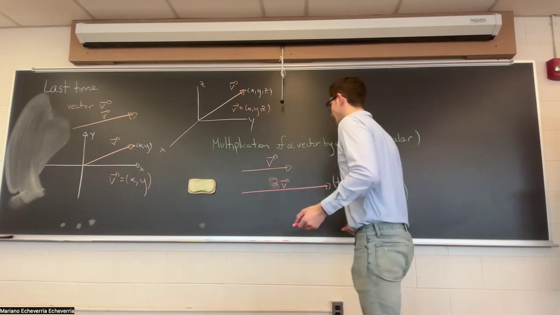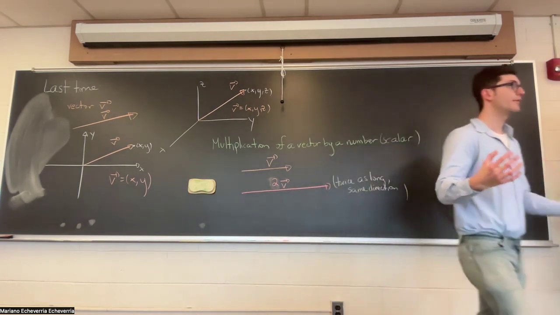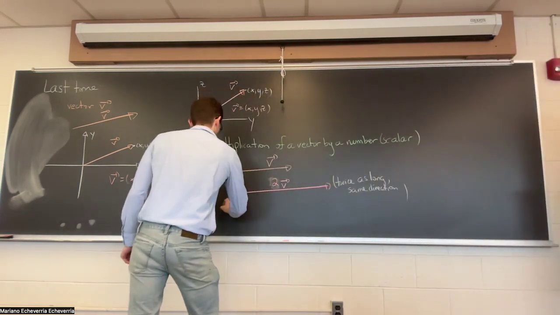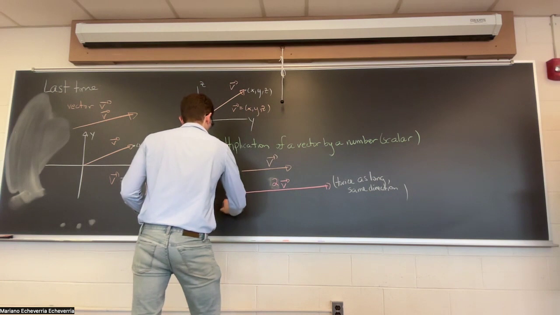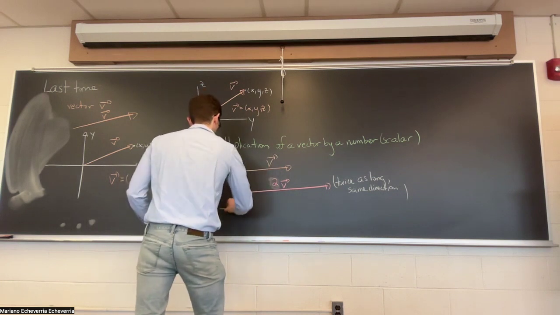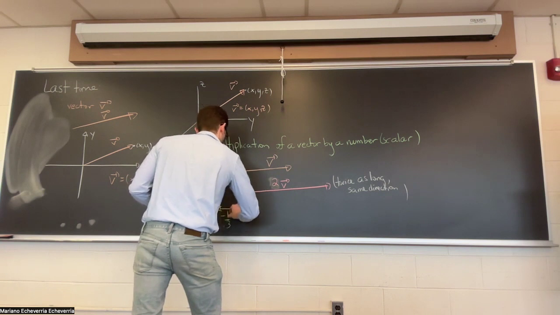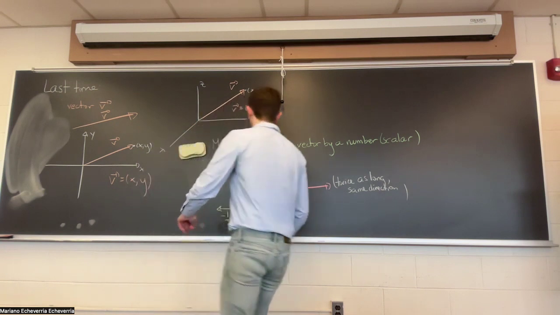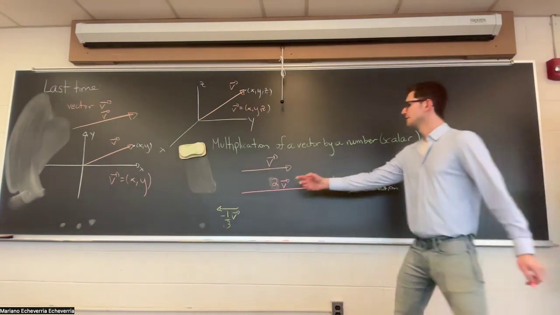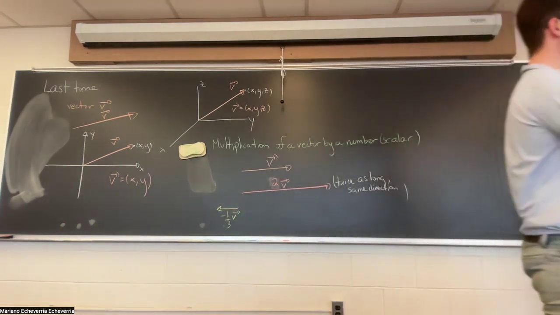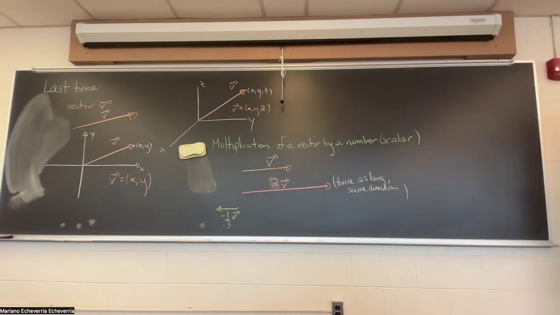And then if you did something like negative a third of v, what does that mean? The third means that the length will be a third of it, and the minus just tells you that you reverse the direction. So whenever you multiply a vector by a negative number, the effect is to reverse its direction.